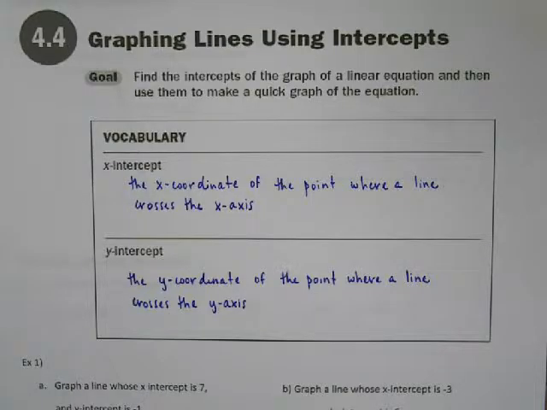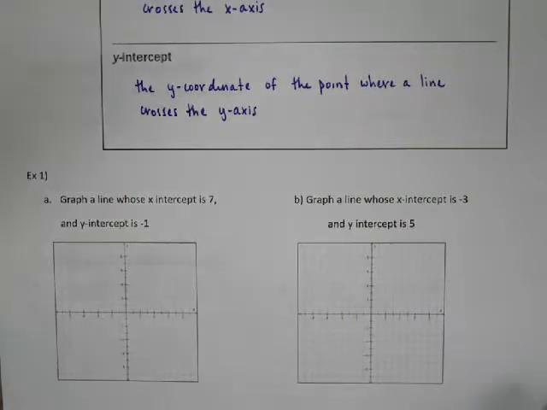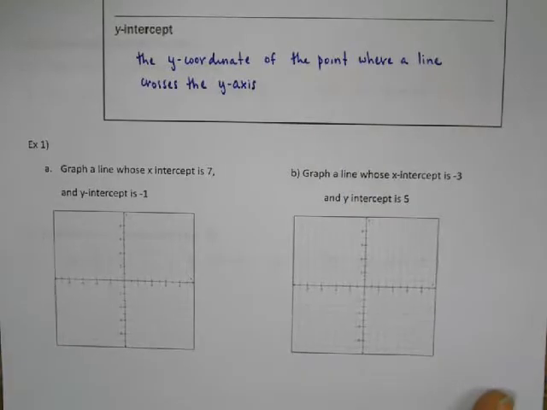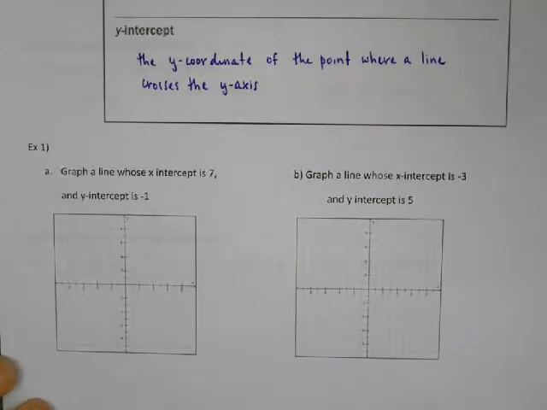First we're just going to look at a graph and make sure we can find these points on a graph and use them to quickly sketch the graph of a line. If I look at example 1, it says graph a line whose x-intercept is 7 and the y-intercept is -1.